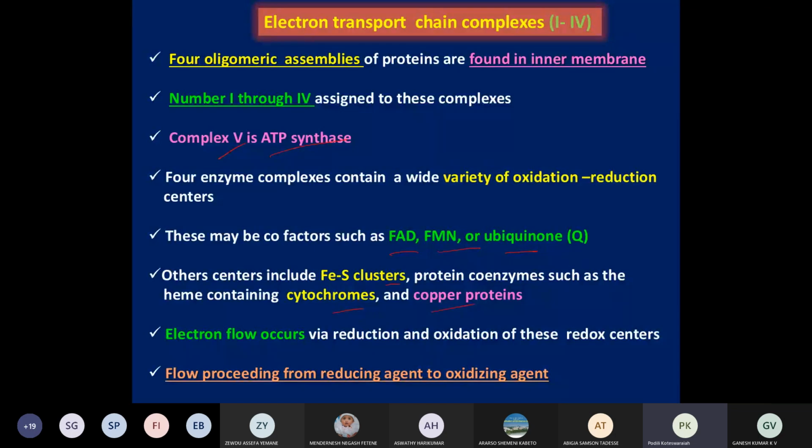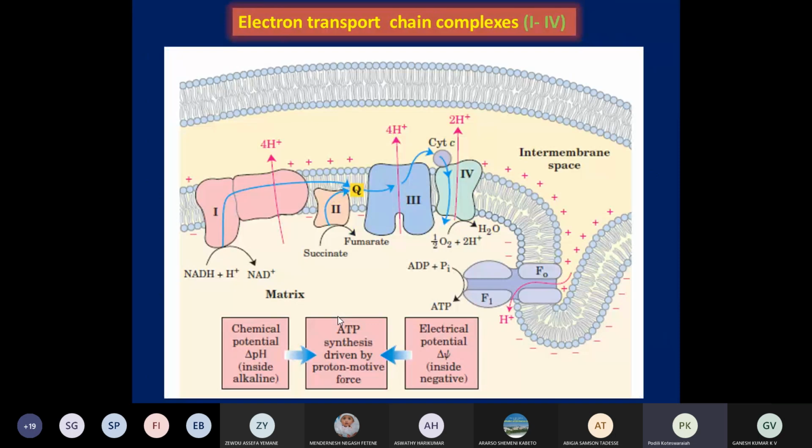In the electron transport chain, the electrons are always transferred from NADH and FADH2 to the molecular oxygen in one direction. That is why it is unidirectional electron transfer.